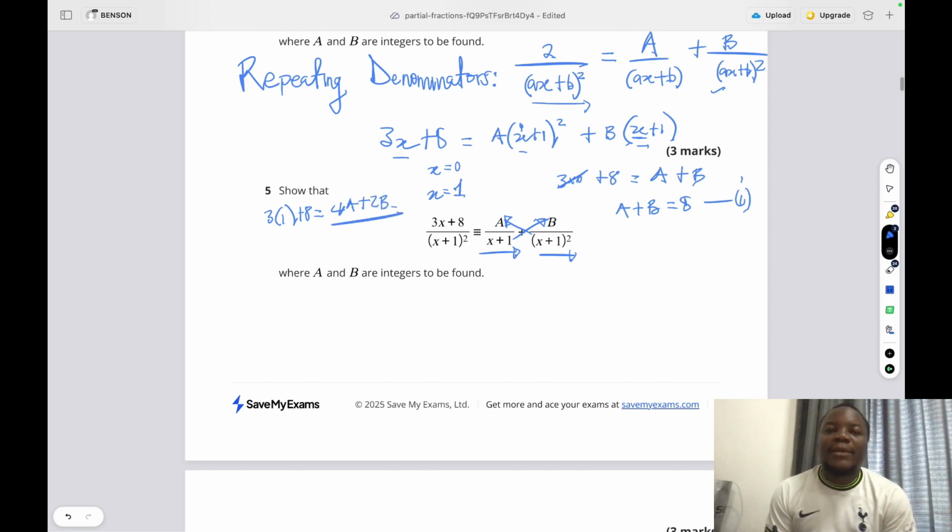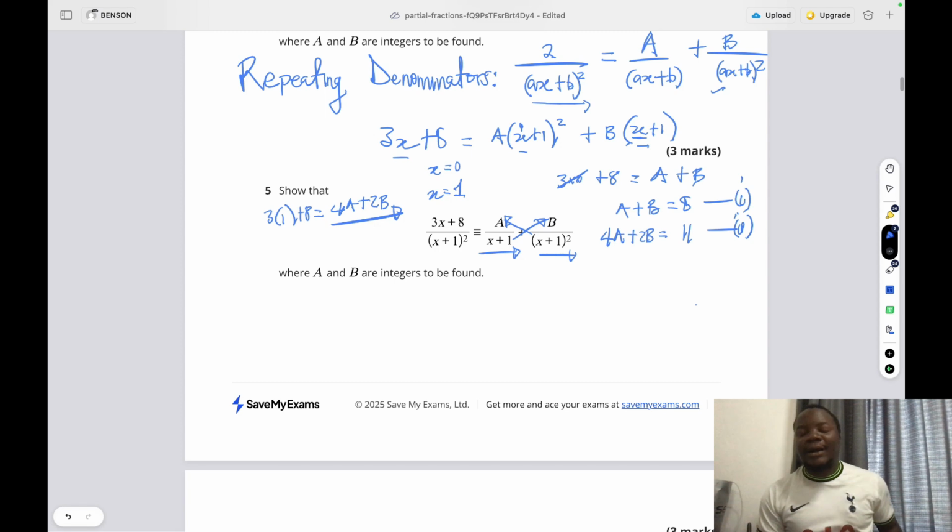Now 3 times 1 is 3, plus 8 is 11. So we have a second equation of 4A + 2B = 11.